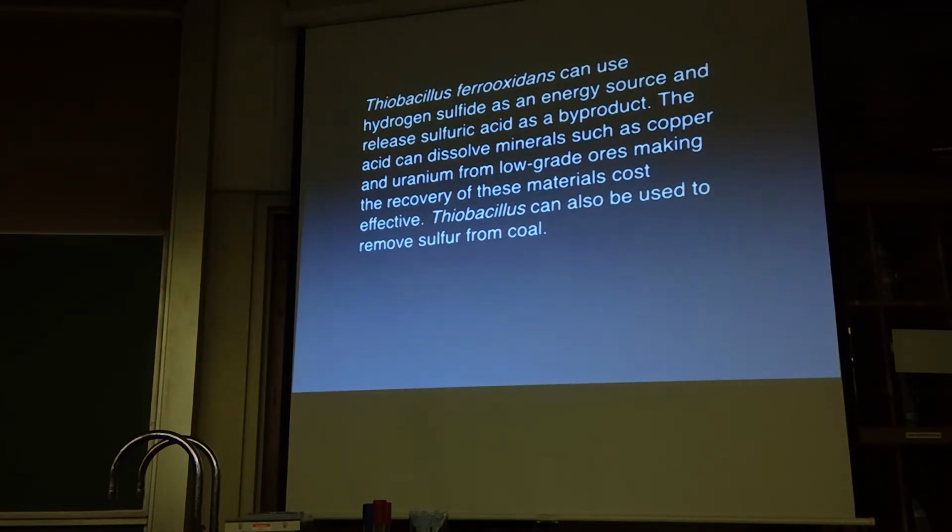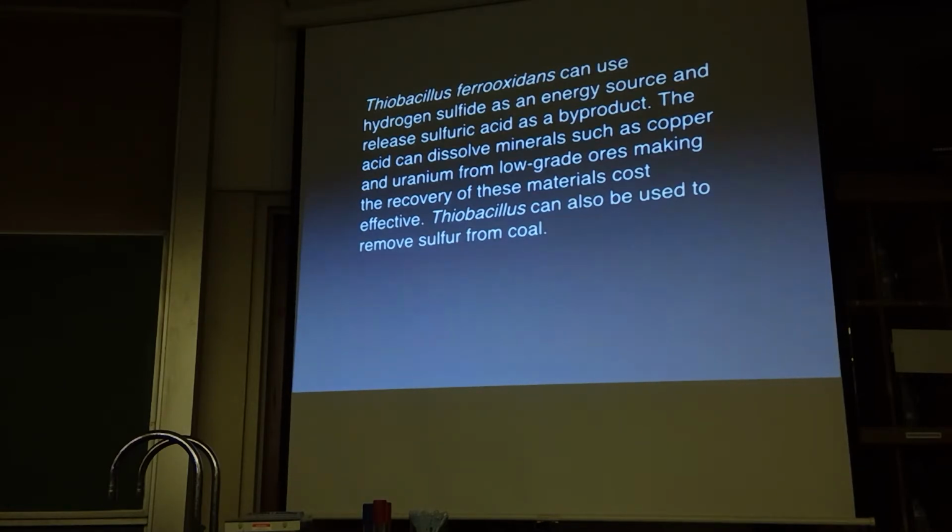A specific species, Thiobacillus ferrooxidans, can use hydrogen sulfide as an energy source. So they're able to pull electrons and hydrogen protons off of hydrogen sulfide. As a result, they produce sulfuric acid as a byproduct. Well, sulfuric acid can cause minerals to be leached out of poor grade ore, so they use these guys for mining operations and get Thiobacillus ferrooxidans established.